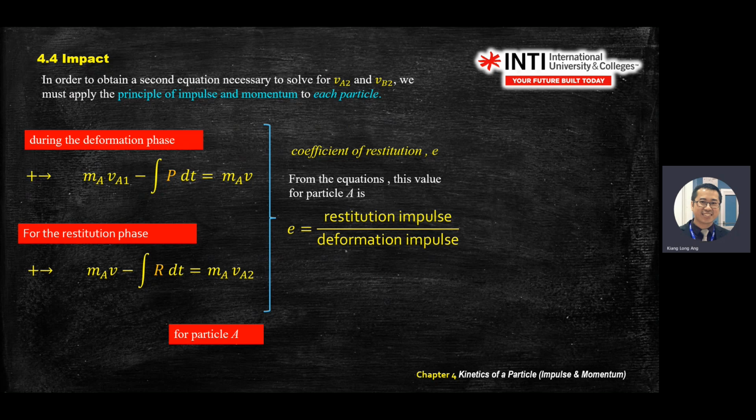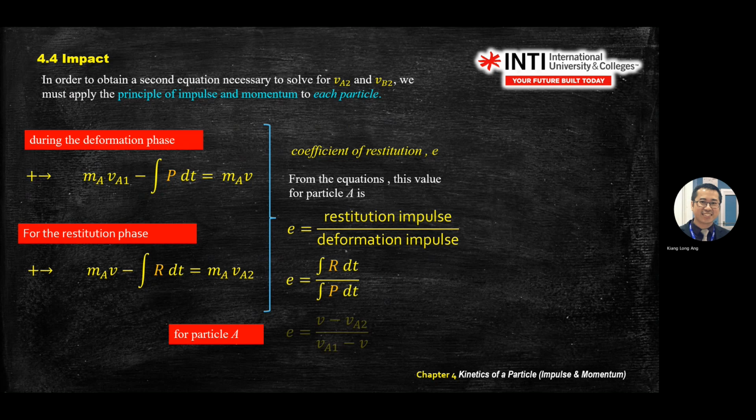Or you can remember it as after divided by before, or output over input, same. You put in the equation: the restitution impulse is the integral of R dt, the deformation impulse is the integral of P dt.